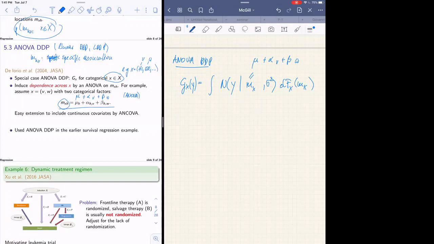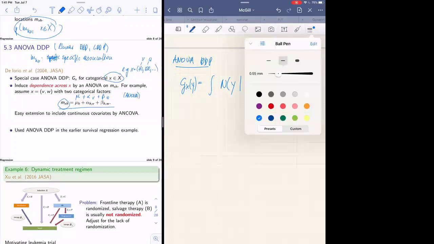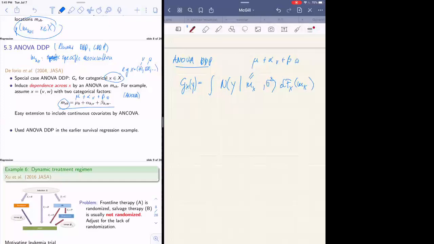There's one thing I want to point out. We are used to this from ANOVA, right? We could alternatively write that M sub X, instead of with the ANOVA parameterization, by introducing a design vector.